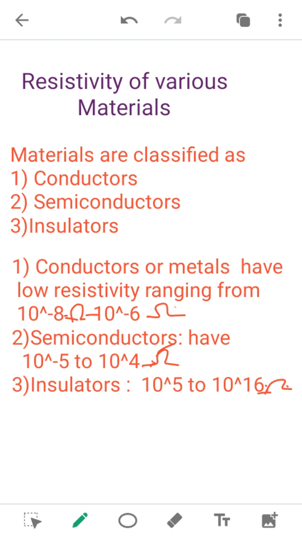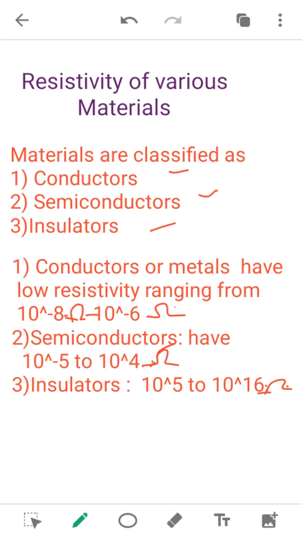Let us see the range of the resistivities of various materials. Various materials means we will take the materials which are classified as conductors, semiconductors and insulators. Conductors are the materials which allow the current to pass through them easily, right?